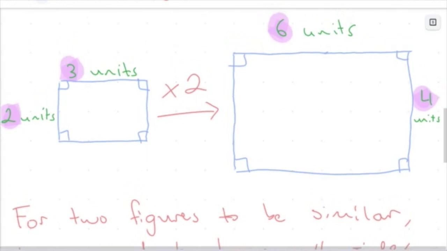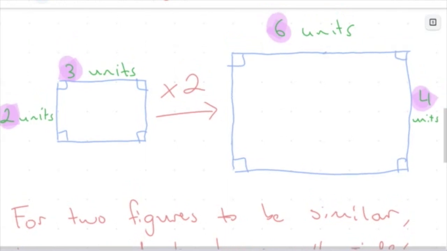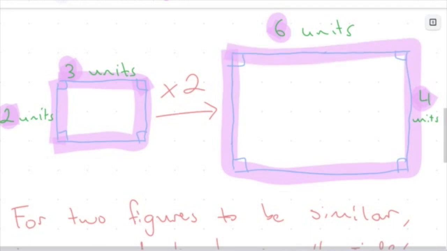But the criteria for us to say that, okay, this rectangle on the right is similar to the one on the left, we need to find a number that all of the sides have been scaled by. So a number multiplied to each of the sides here to make each of the sides here.